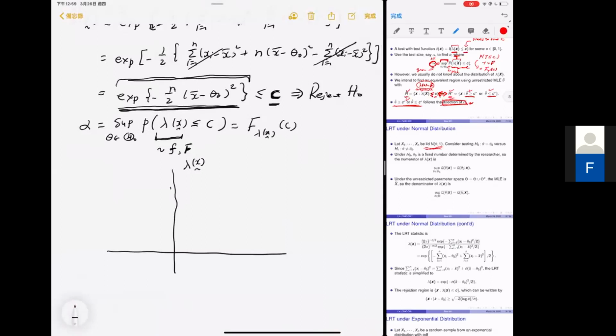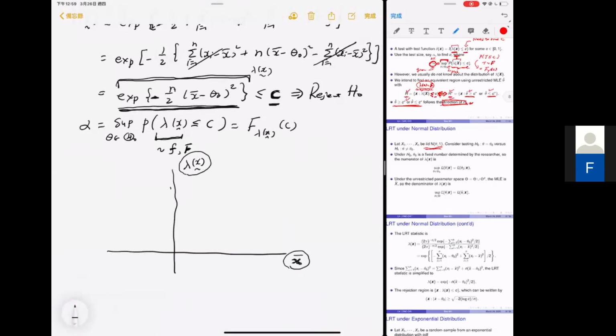And then if you really pick up the MLE right here, for example, x bar is the MLE. Then if I want to draw a graph between lambda x and x bar, what would it look like?